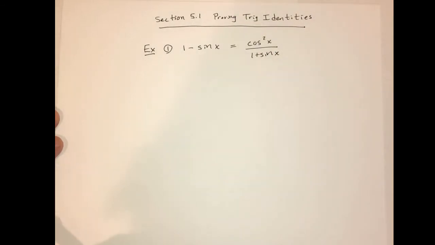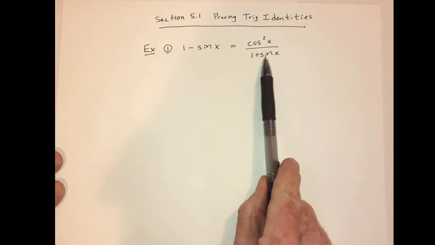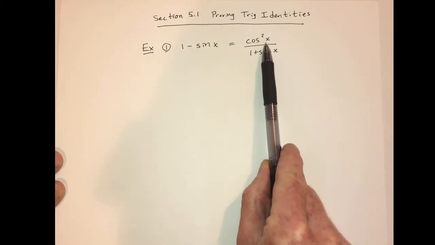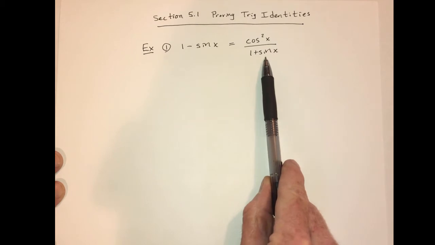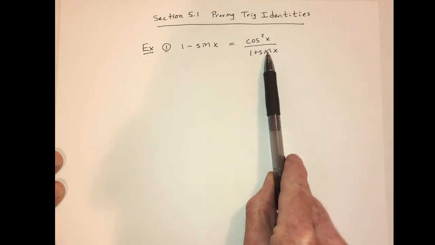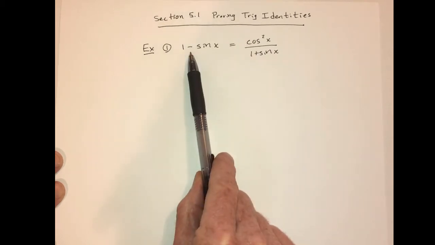And what we need to do is start with one side of the equation. You usually start with the side that looks more complicated. And basically you use trig identities in algebra to change this until it looks just like that.